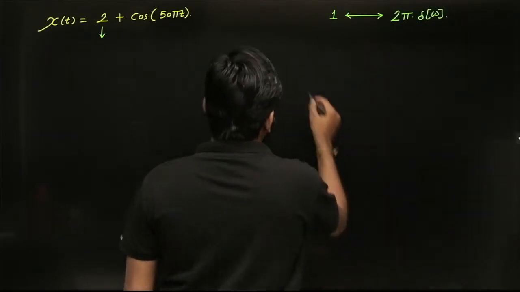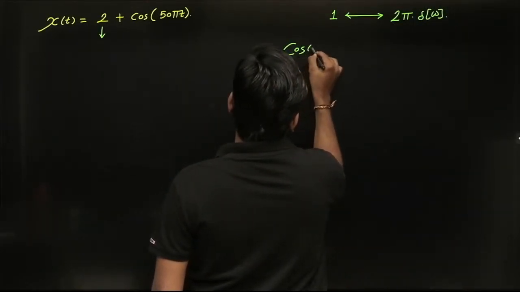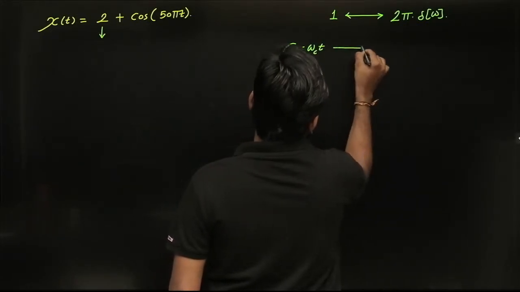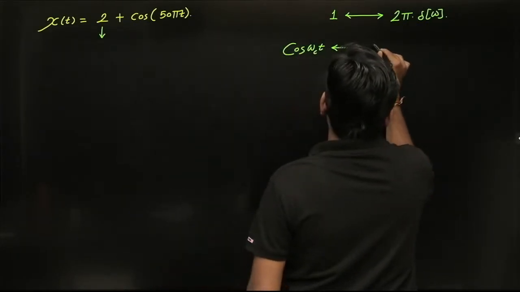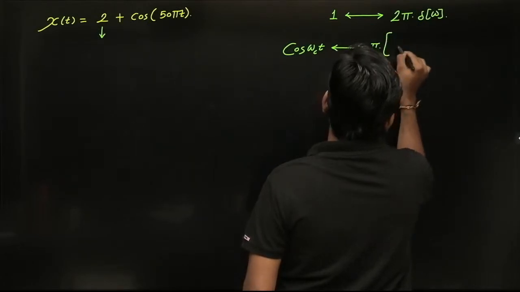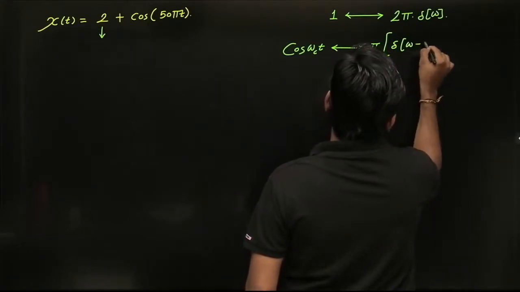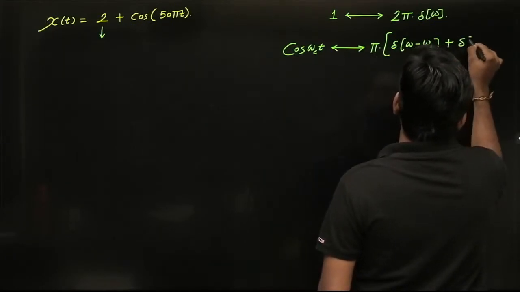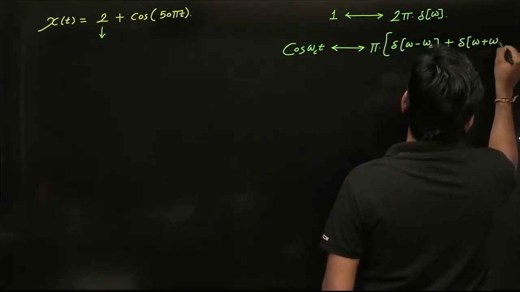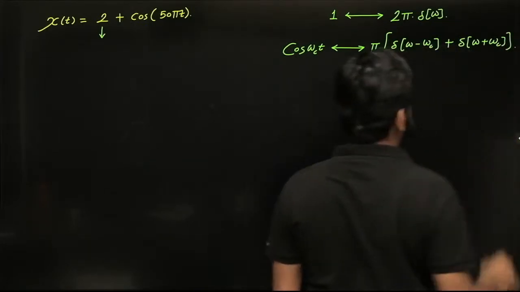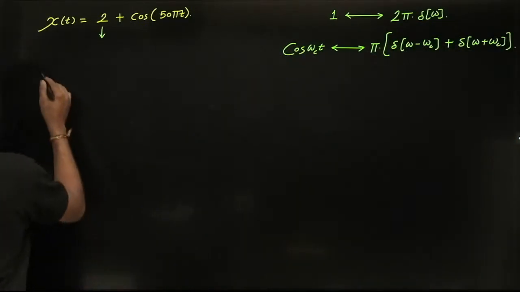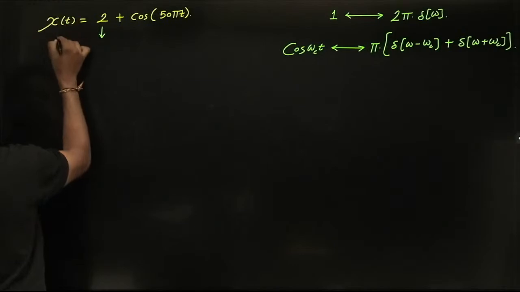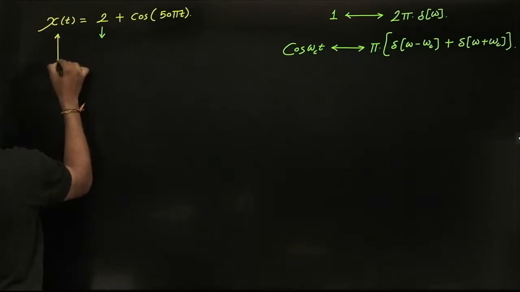And what about cos omega_c t? Its Fourier transform is given by pi times the bracket del omega minus omega_c, an impulse at omega_c, plus one more impulse present at minus omega_c, guys. Remember this thing.